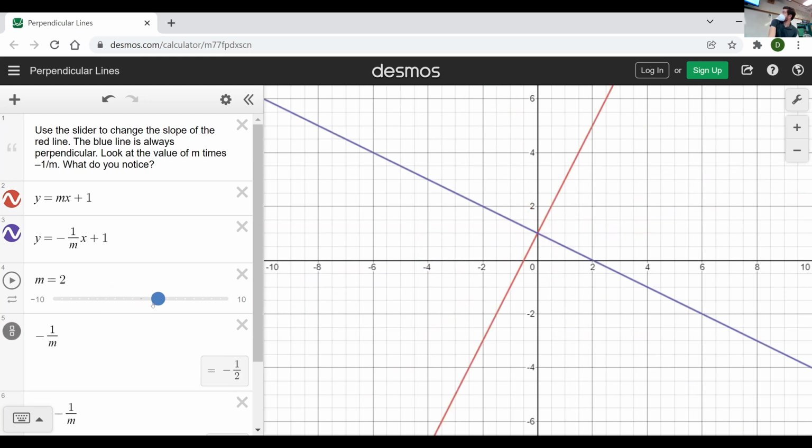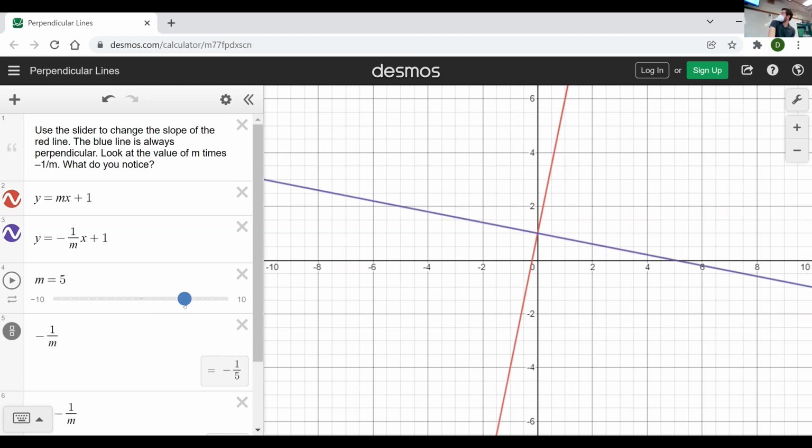And as soon as I go positive, the red one is positive, now the purple one's negative. And there's a fraction version of that whole number because it got flipped over, right? So that is what we're dealing with in perpendicular lines. We'll write a little bit more precise definition about the comparison of that here in just a second.